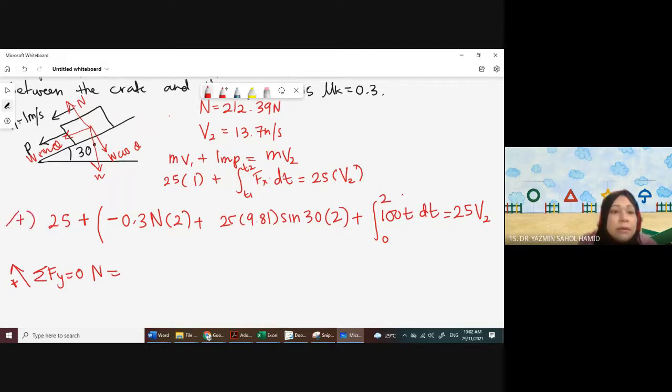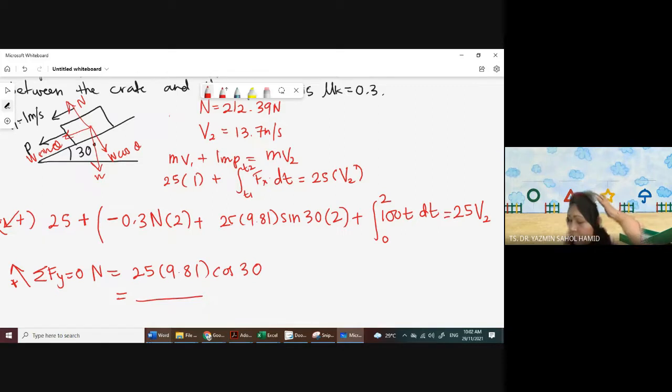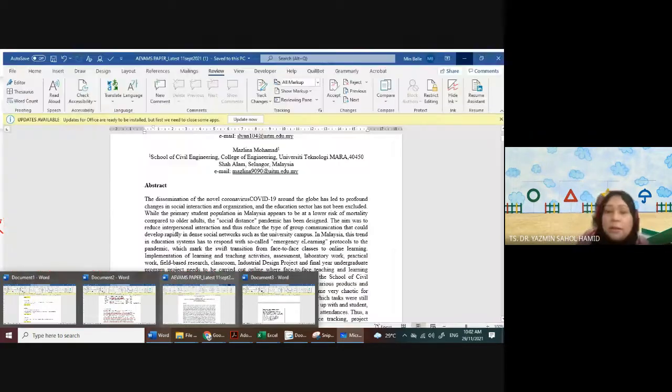Ke bawah ni. Kan? Okay. So, N equals to berapa? 25 kali 9.81 cos lah. Betul? So, N ni yang you dapat berapa? 212. Betul tak?